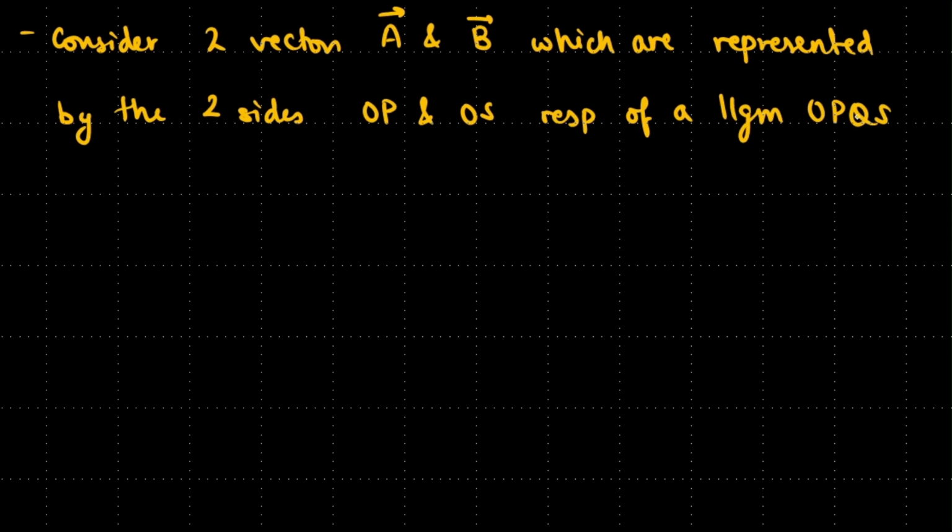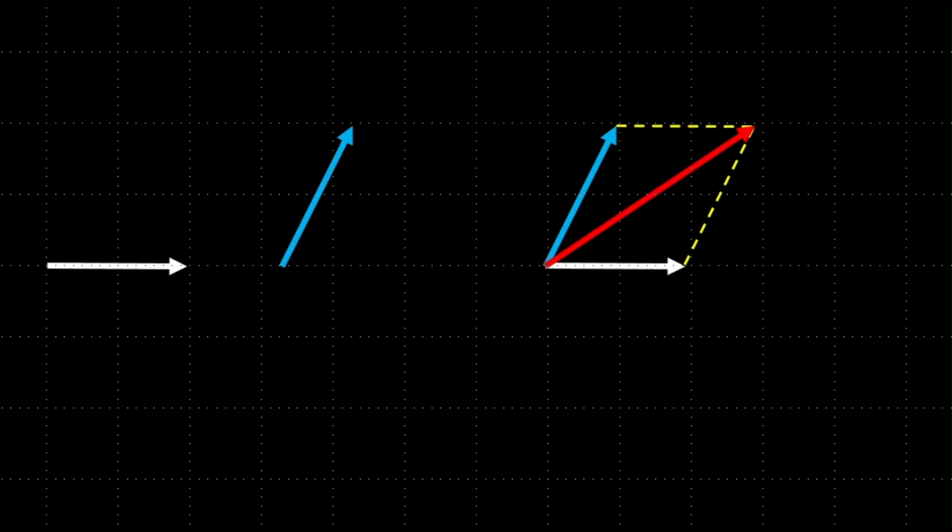So this is the first part. We will also write more, but this is the first part right now. So consider two vectors A and B. I'm going to assume this one as vector A and this one as vector B, right?